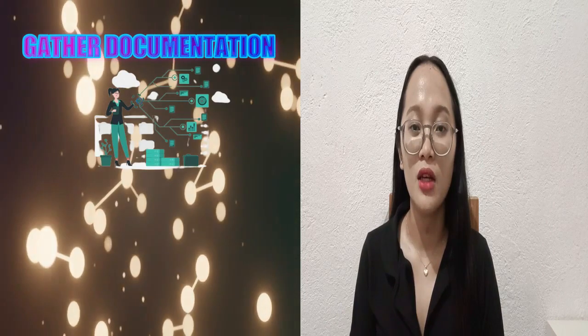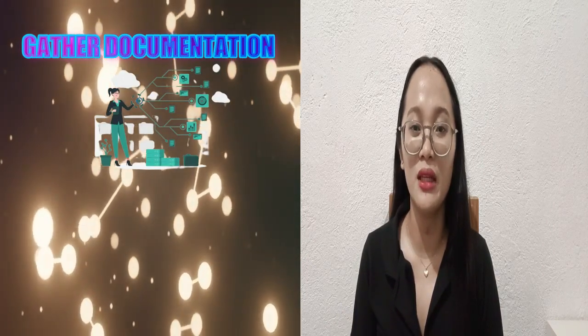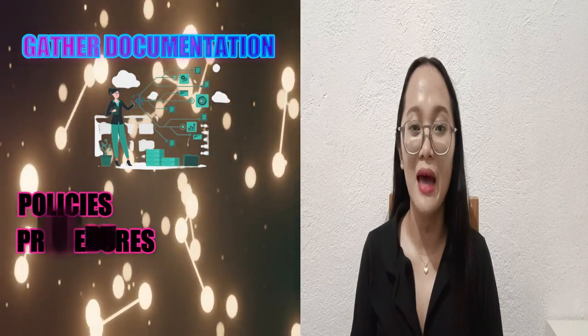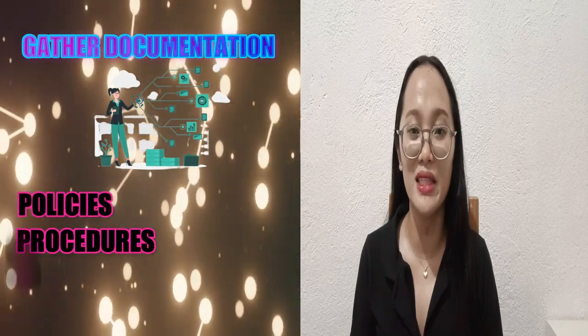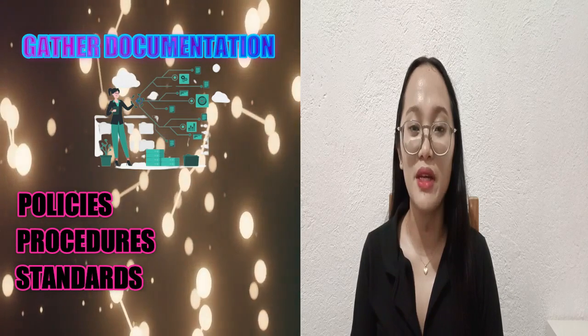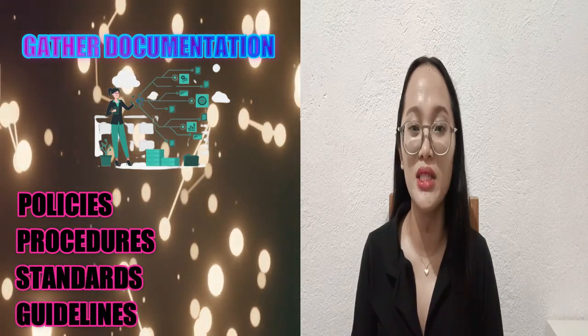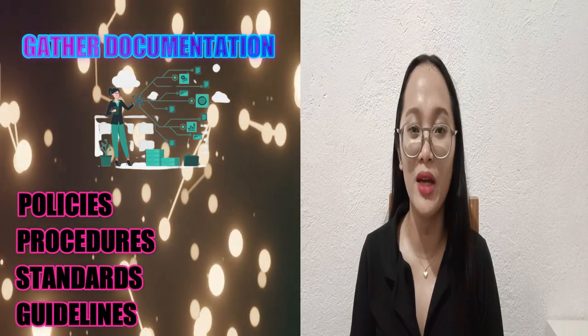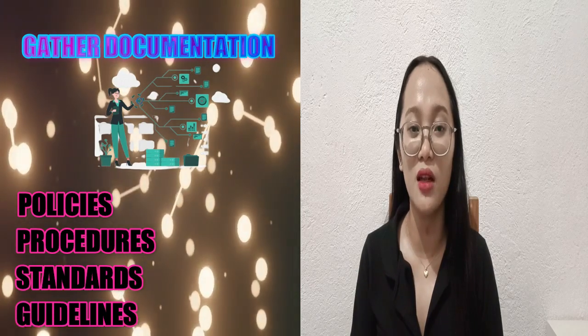Third, gather documentation. Collect relevant documentation, including policies, procedures, standards, and guidelines related to IT operations. These may also include incident reports, change management records, and security logs. Organize these documents for easy reference during the audit.